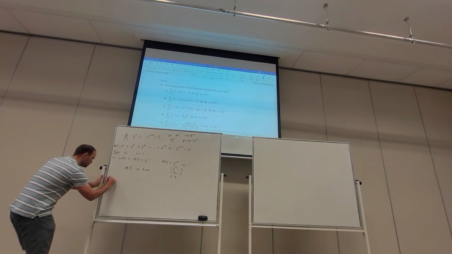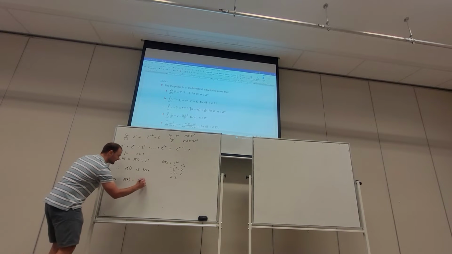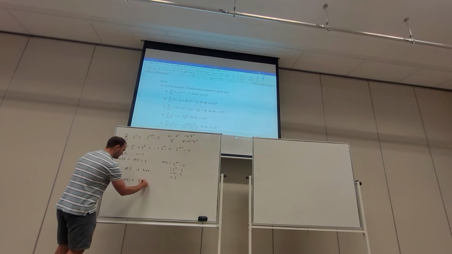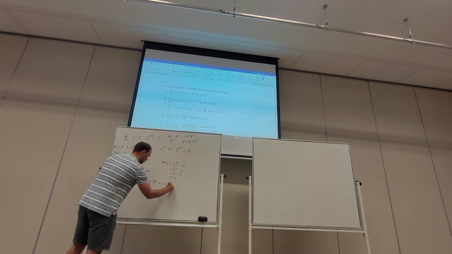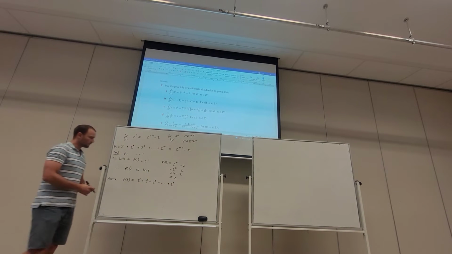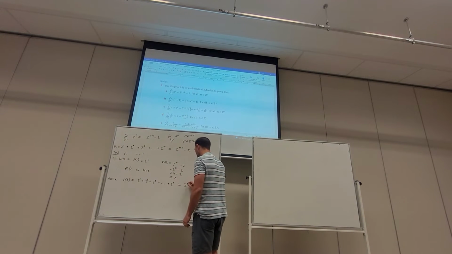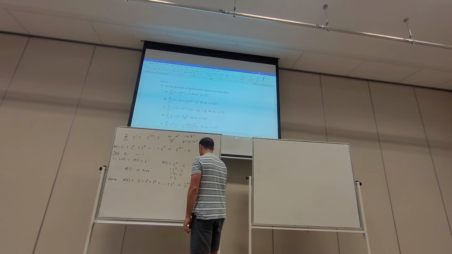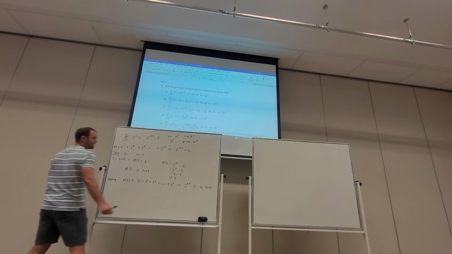Test for n is 1. Then we're going to assume P of k, and we're going to state what P of k is. It's 2 to the 1 plus 2 to the 2 plus 2 to the 3 plus all the way up to 2 to the k. We're going to assume that P of k equals 2 to the k plus 1, take 2.